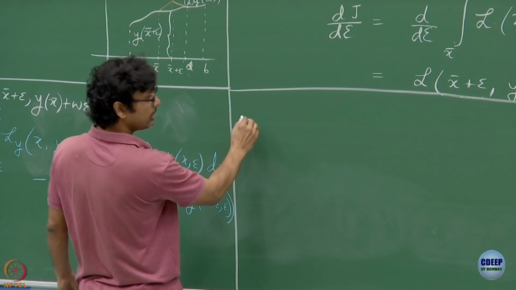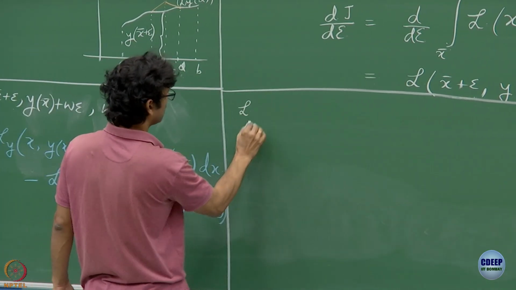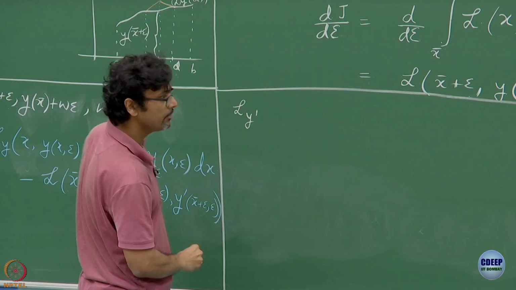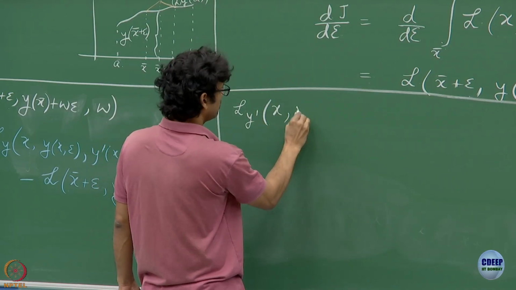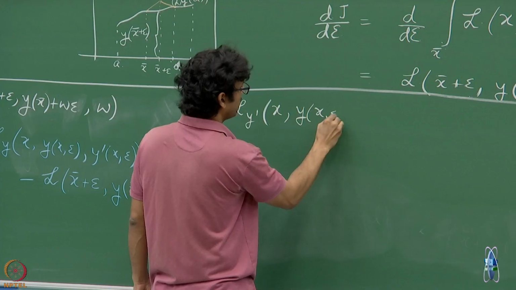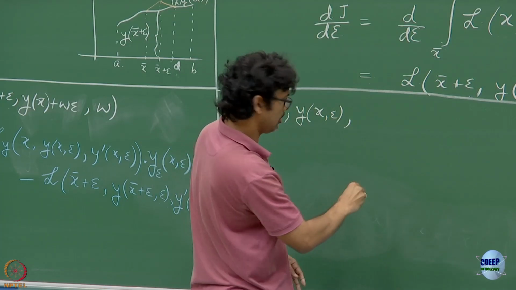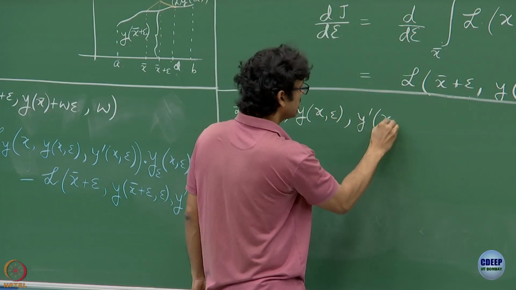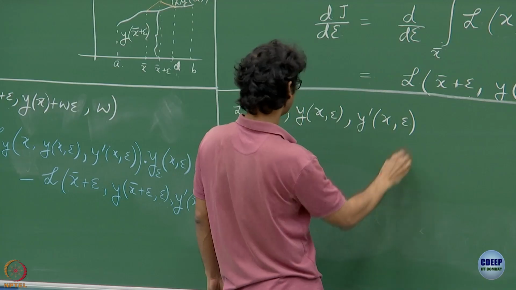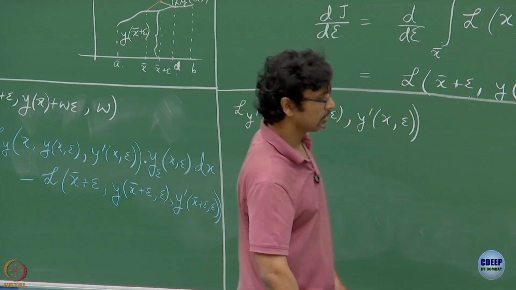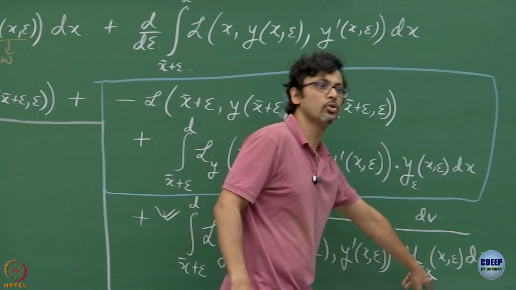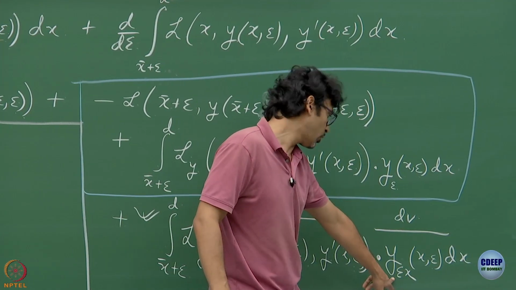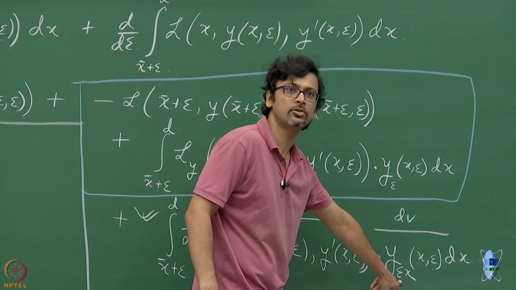So that's going to be L y prime x, y x comma epsilon, y prime x comma epsilon, and integration of this with respect to x means this subscript x goes off. So you'll be left with just y epsilon, the partial of y with respect to epsilon here.